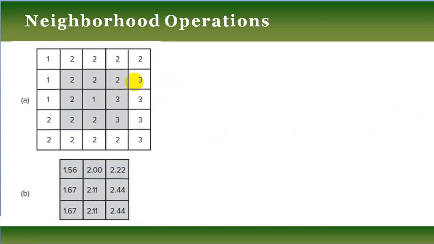Now in this example, this is the input raster A, this is the output raster B. In output raster B, you may notice the raster size is smaller than the input raster, because we consider only those 9 focal cells, 1 2 3 4 5 6 7 8 9, and based on these we calculate the values of those 9 pixels in the output raster.